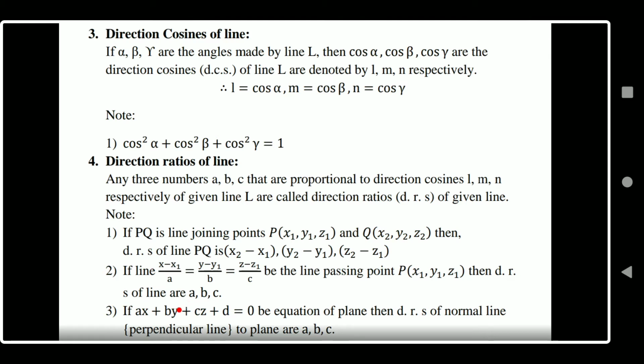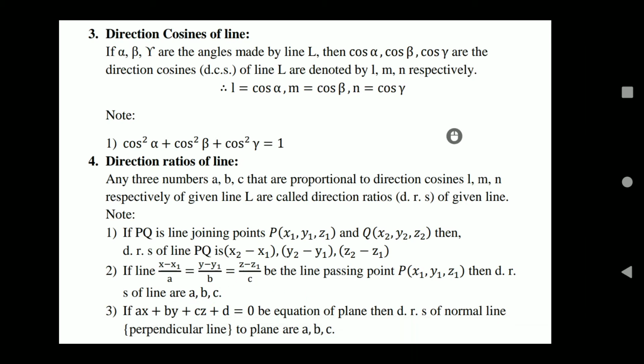If ax plus by plus cz plus d equal to 0 is the equation of a plane, then the direction ratios of the normal line, that is the line perpendicular to the plane, are given by a, b and c again. It is the same as the second note: a, b, c are direction ratios, and the same here for this line.